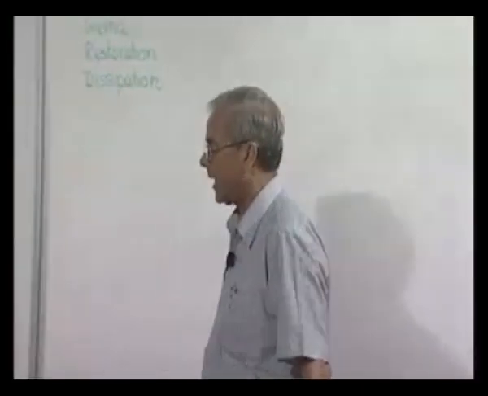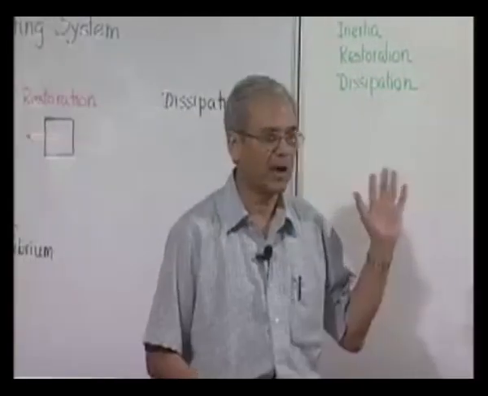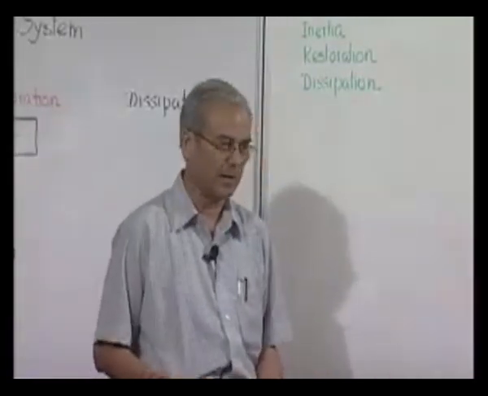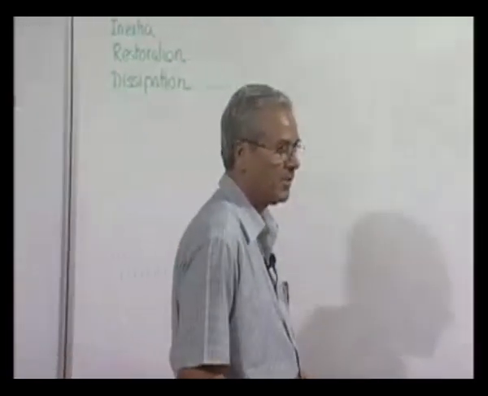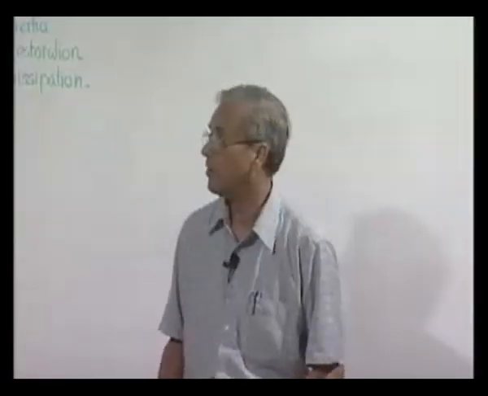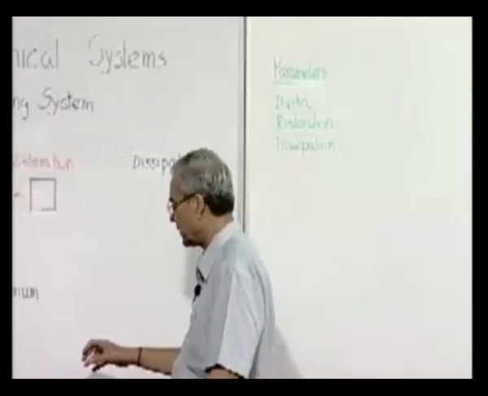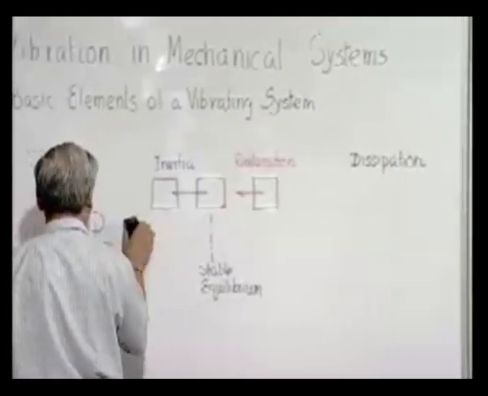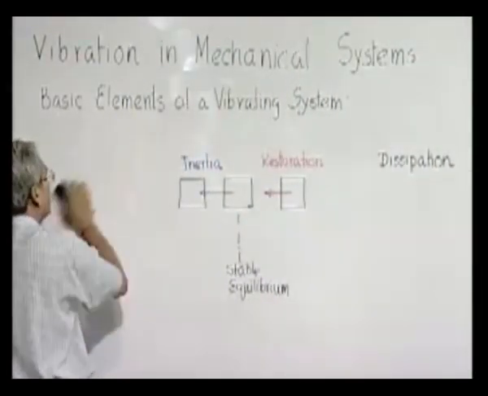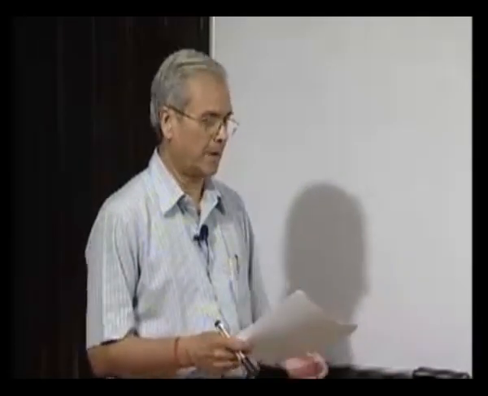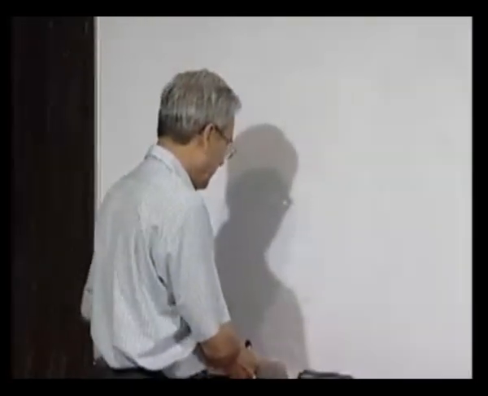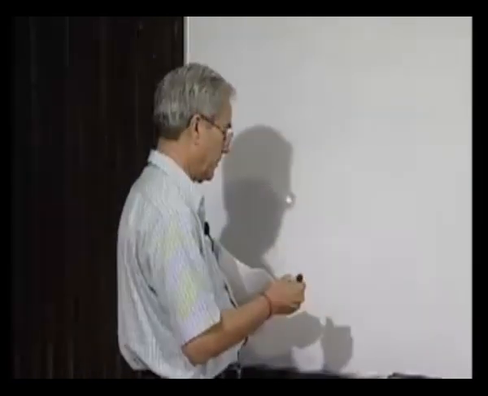So here also exactly that is going to happen. When we try to solve the vibration of a mechanical system, we don't solve the actual system, we write down the equation of motion for the mathematical model that we develop. So the next thing we have to understand is modeling of a system. The most important or basic idea behind mathematical modeling in case of a vibrating system is lumping of parameters.